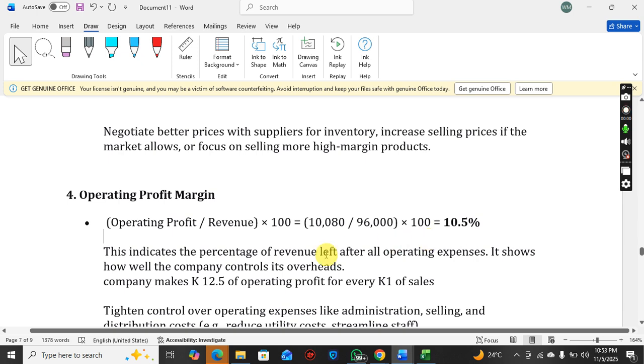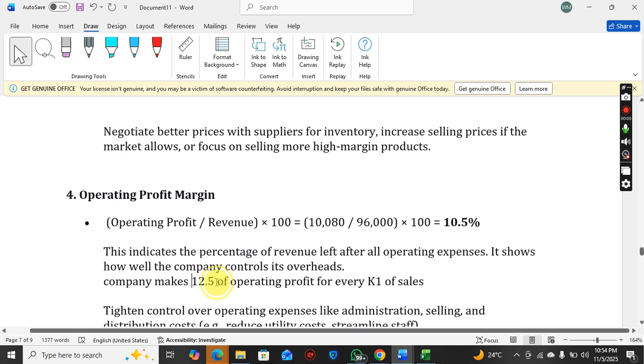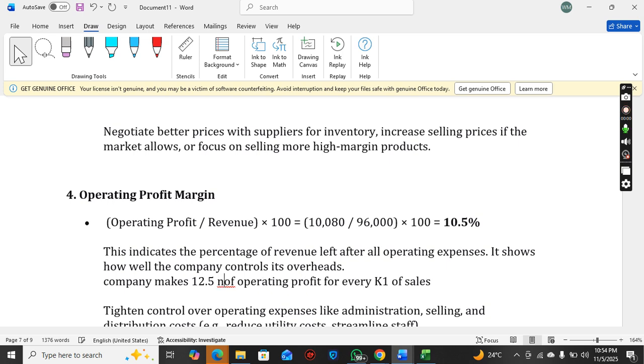Okay, similar with operating profit margin. One way you can look at it, out of your sales revenue, out of this 96,000 kwacha, what percentage is operating profit? Or for every 1 kwacha you make in sales, how much is your operating profit?